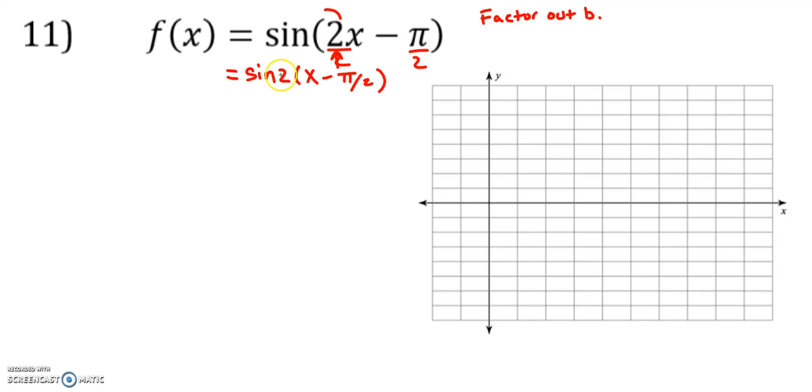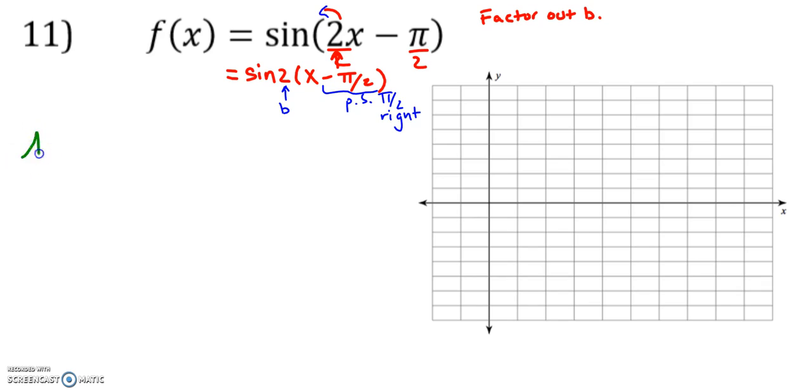All right, so here, it's still my b, it's b in here or it's b out of here. But now with a phase shift, remember, in order to determine your phase shift, this has to be a 1 in front of the x. And now that we factored the 2 out, we can see that our phase shift is pi over 2 to the right.